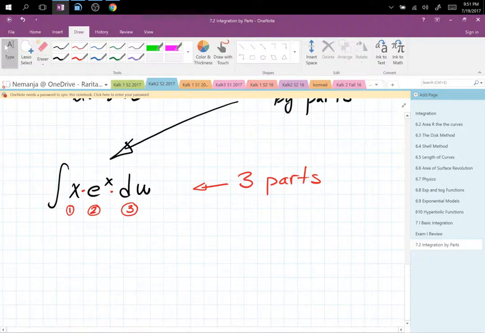And your lab 2 addresses this type of thinking. It teaches you how to pick the proper parts.